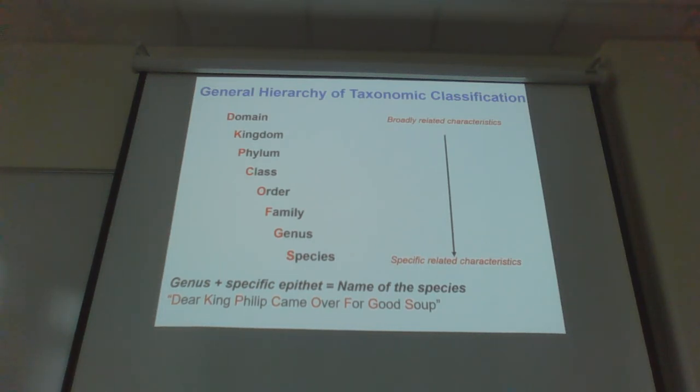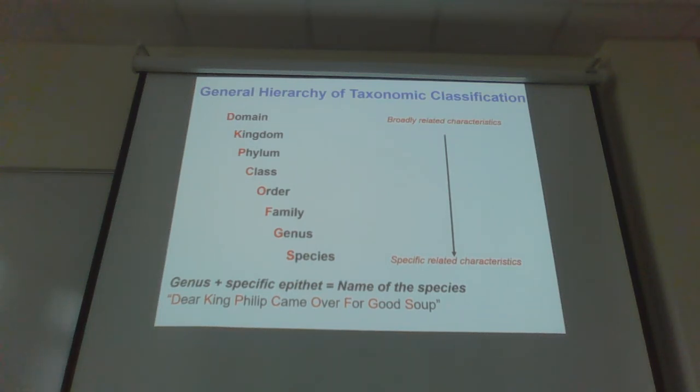So these are all boxes and sub-boxes of taxonomic classification, okay? Going from the highest to the lowest. After species, there is nothing else. We are the same species. We all have the same unique characteristics of Homo sapiens, period. There is no other distinction after that that we make scientifically.